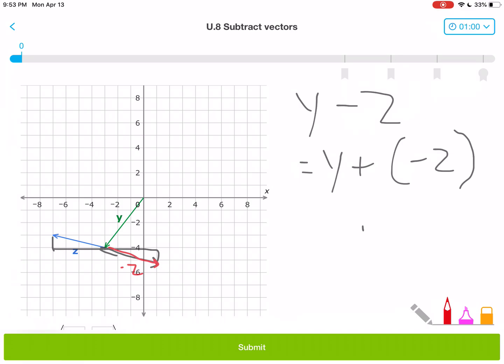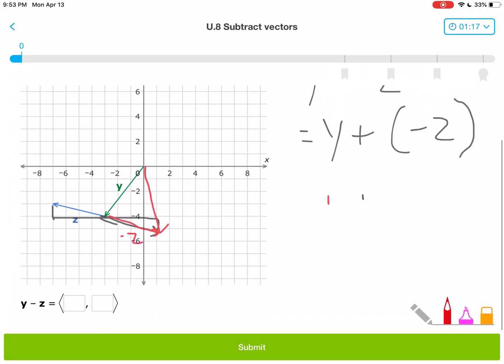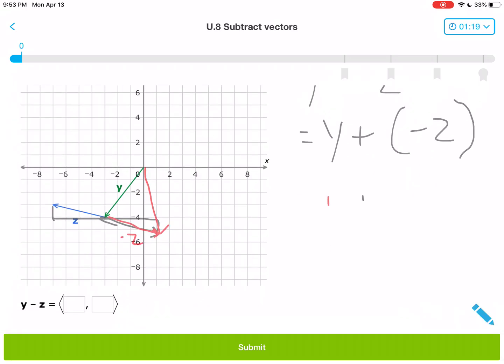So we have a terminal end lining up with an initial point. That means I could go ahead and use the triangle method to solve. With the triangle method, I would need to convert this into component form to get my answer. So I need to ask myself, from my initial point, what is my vertical and horizontal change? It's getting a little messy here, so I'll go ahead and erase these parts so we can see what we're doing.